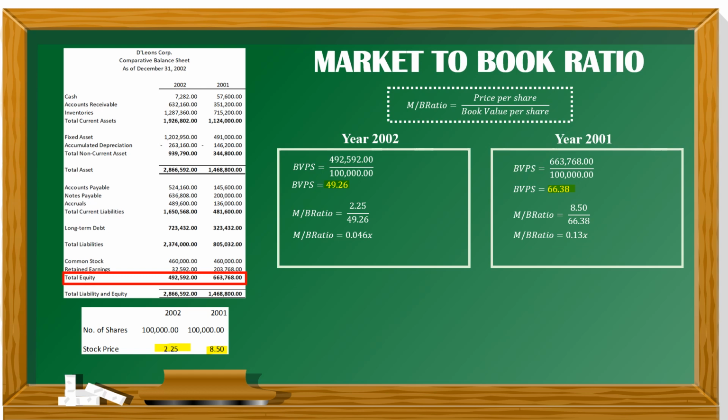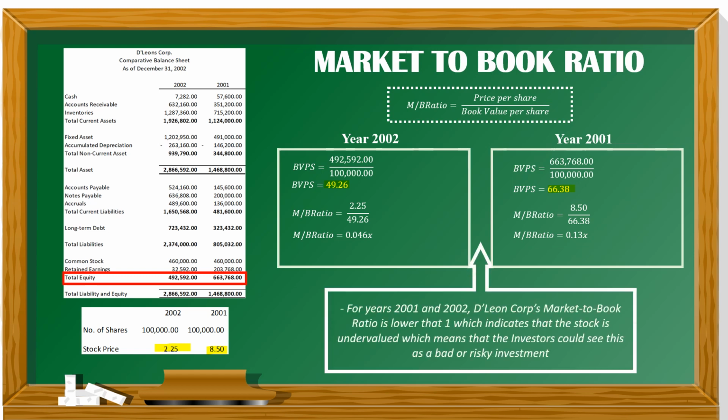Now, what does this say, or how does the investor read these figures? For both 2001 and 2002, the firm's market to book ratio is lower than 1. Especially in 2002, it has significantly decreased from 0.13 to 0.046, which indicates that the stock is really undervalued, which means that investors could see this as a bad or risky investment.